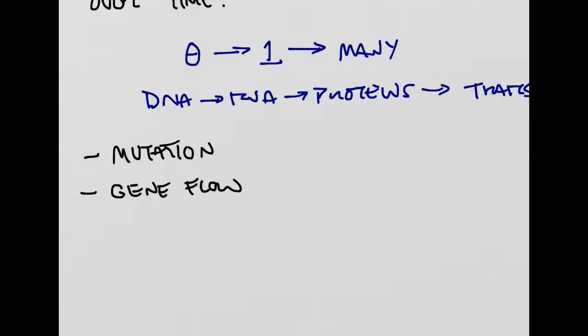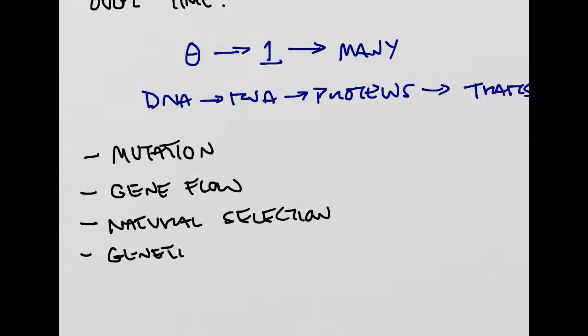And these two things we're going to discuss in this screencast. The next one is natural selection, something that we've already spoken about, but not in enough detail, so we'll be talking about that now. And then lastly, we have something called genetic drift.